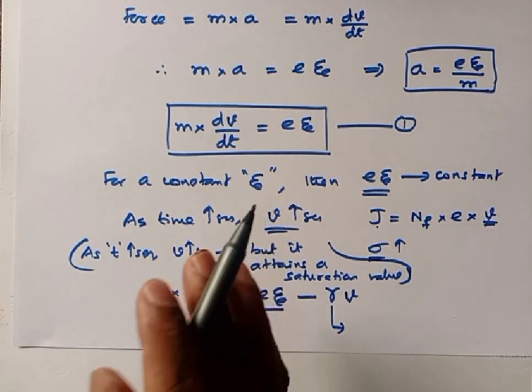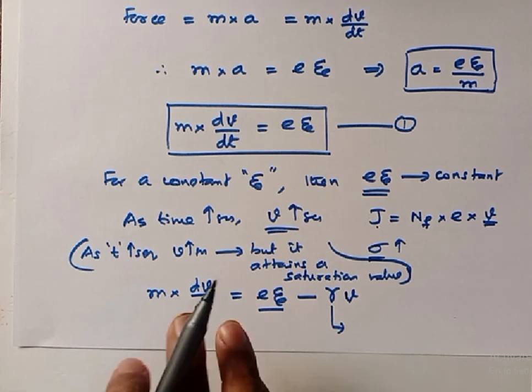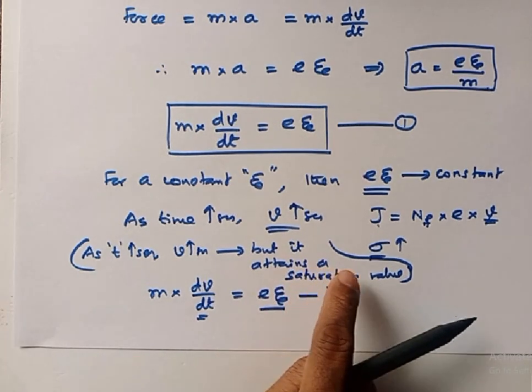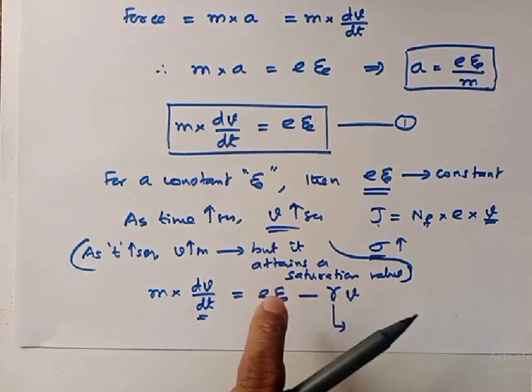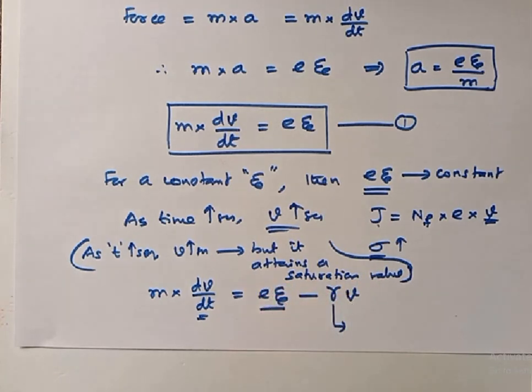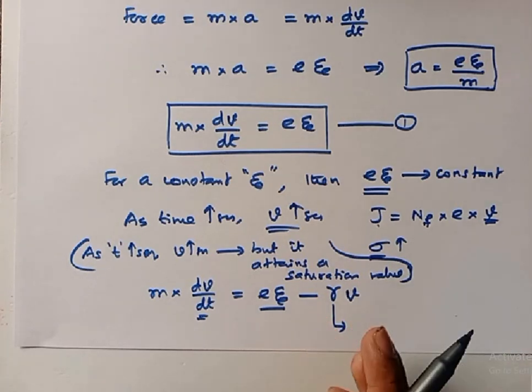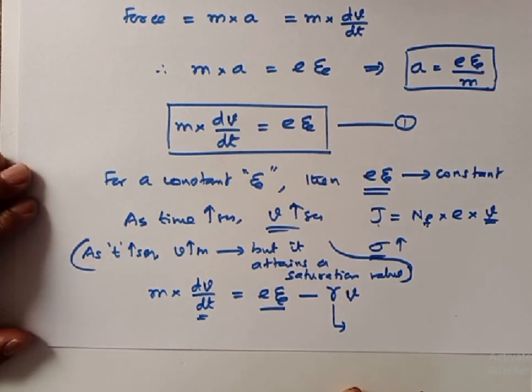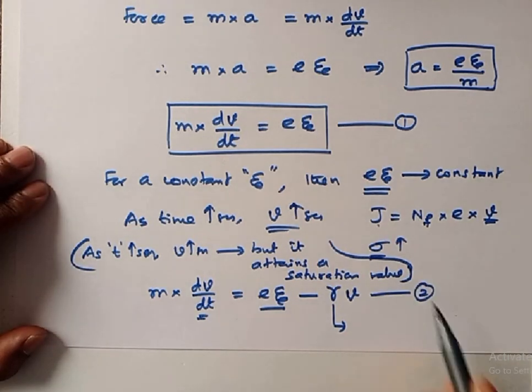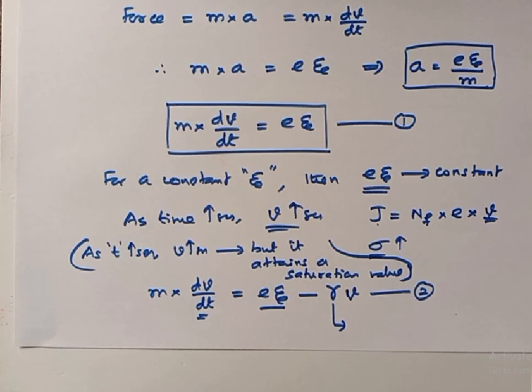I'm very sorry, so velocity remains constant. So to keep the velocity attaining a saturation value, Drude introduced this term gamma into V, where gamma is a constant characteristic of the material and the applied field strength. Clear? I'll take this as equation number 2. m into dv by dt equal to E into epsilon minus gamma into V.